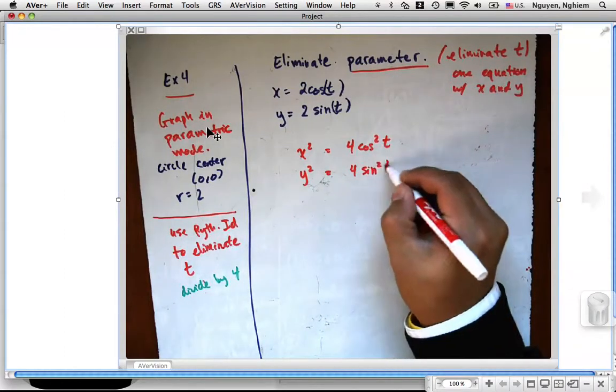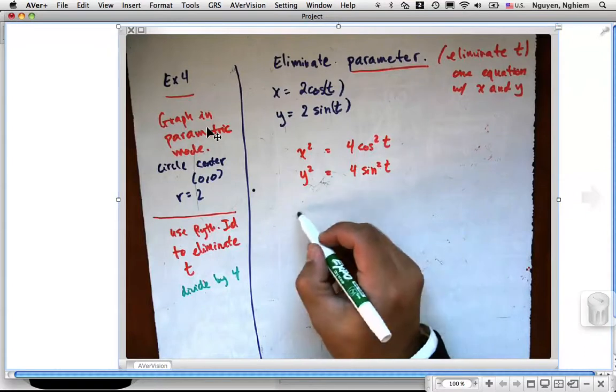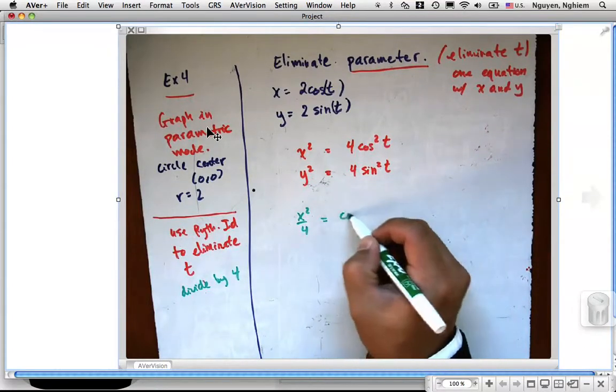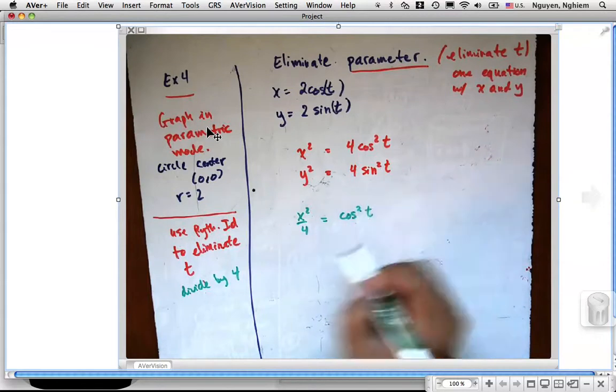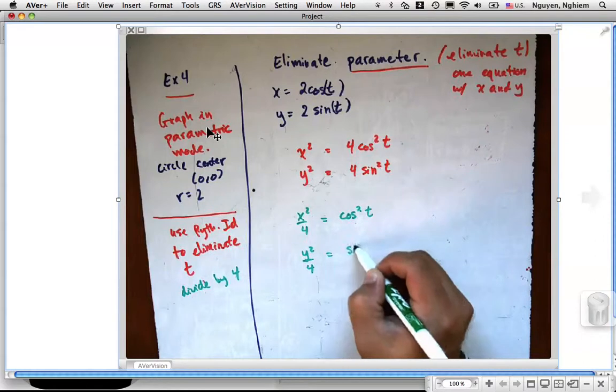All I did there was square both sides. Now I'm going to divide everything by 4, keeping in mind I want to isolate cosine squared and sine squared. I'm still working with two different equations here. I get x squared over 4 equals cosine squared t, and y squared over 4 equals sine squared t.